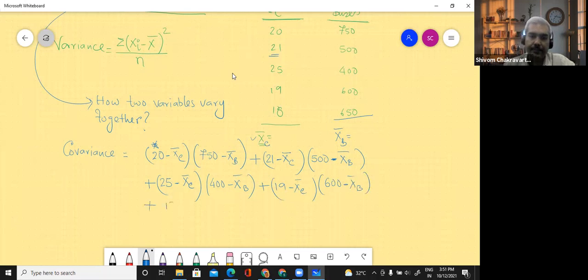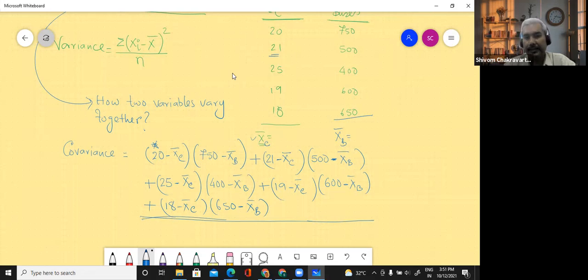That's 80 minus x bar C, the last pair, and 650 minus x bar B. This gives an idea of how these variables differ from their respective means, and how they are varying together.